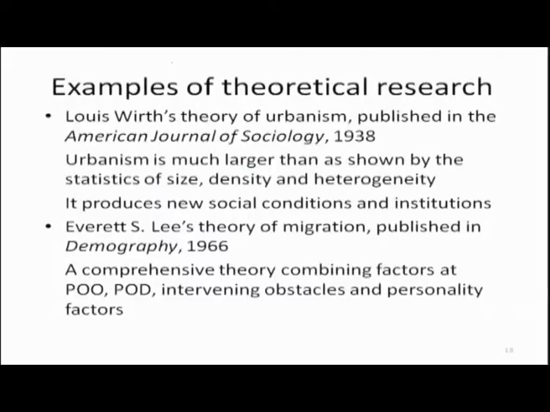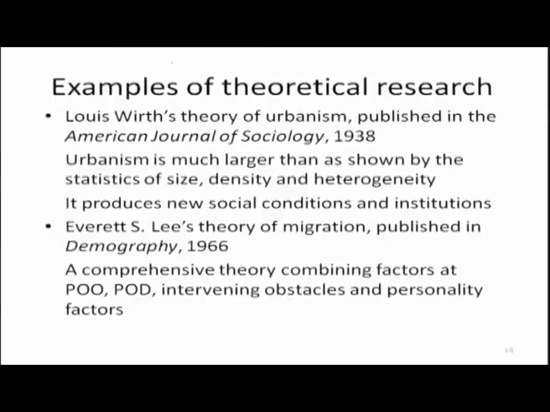Let me give you an example of theoretical research. Louis Wirth's theory of urbanism, published in the American Journal of Sociology in 1938, is an example of theoretical research. Urbanism, he showed, is much larger than as shown by the statistics of size, density and heterogeneity. It produces new social conditions and institutions. What are they?